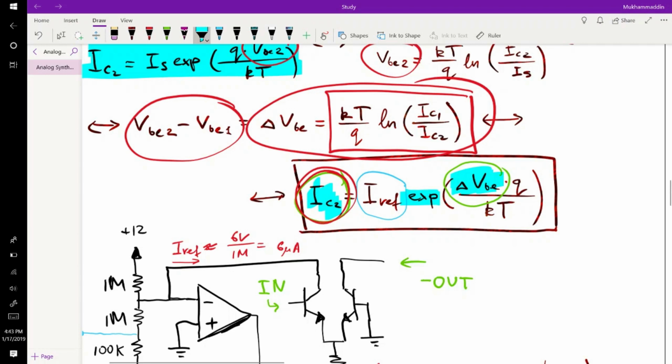Now we need to control the ratios of how much we need to change delta VBE and how much the current through the transistor will change. If you remember, previously we had this requirement of having 18 millivolt per volt of division. Now everything slowly is going to come into one whole picture.